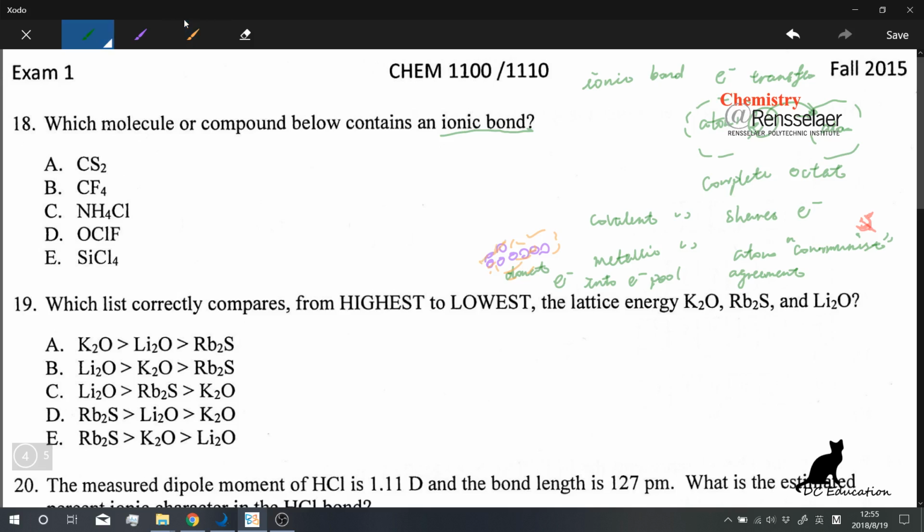So an ionic bond usually happens between a metal and a non-metal, in a very usual case. However, for this particular question, it's not a very usual case.